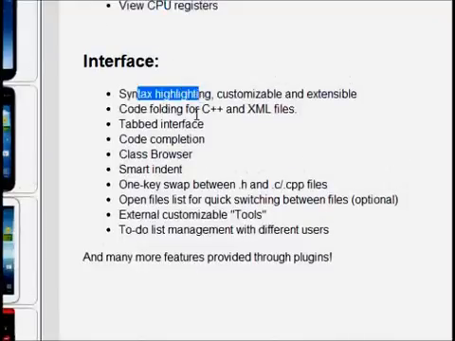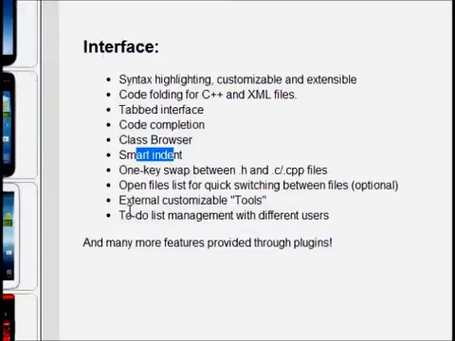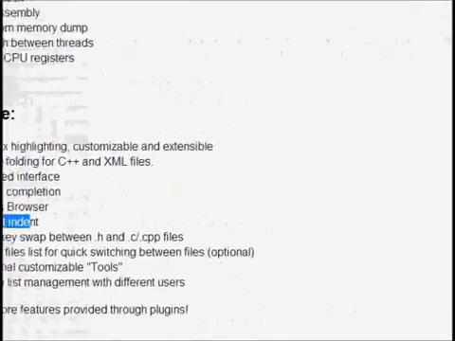For interfaces, syntax highlighting helps you read the code. Code folding is also there, so if there are a lot of functions, you can just fold the code. Then you have code completion, so you don't need to remember everything, it will give you options. Smart indenting is there too.